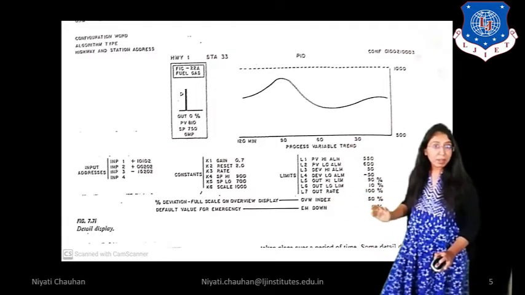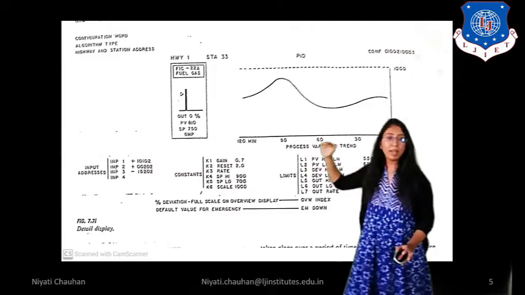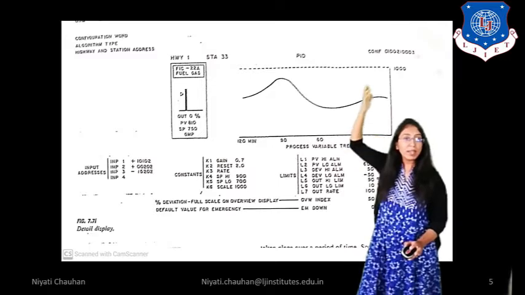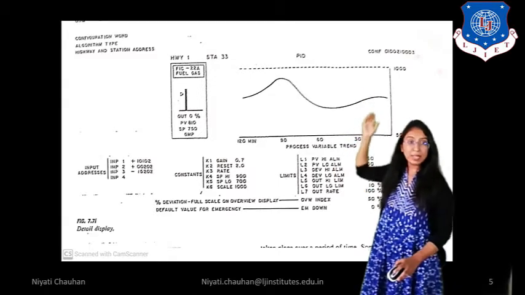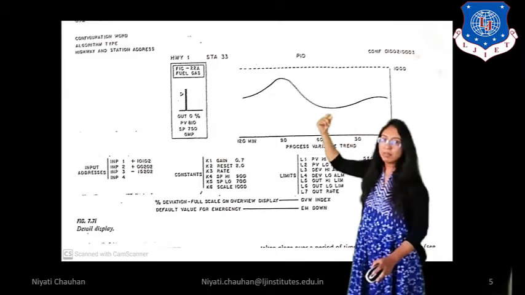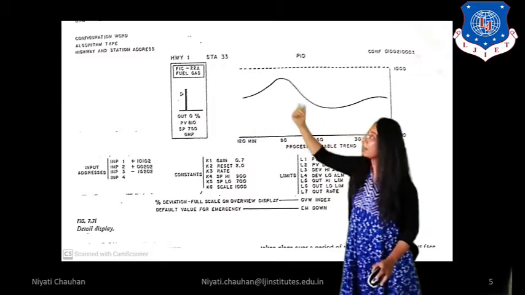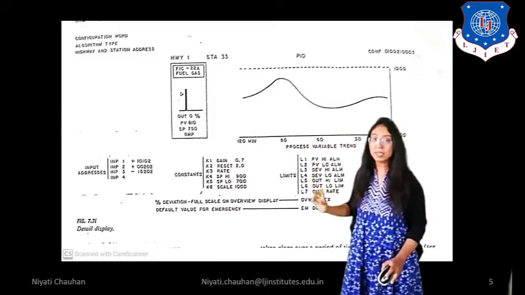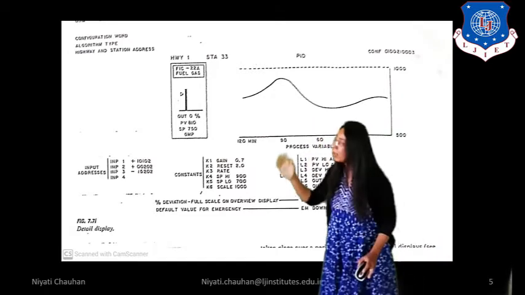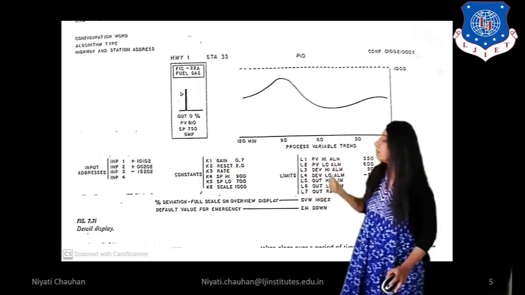Some of the limits are in percentage. In the graph, on the x-axis we take time, and on the y-axis we take limits. So we can see the graph in detail, and that is a PID, proportional integral derivative, graph. So in detailed display, for a particular control loop we can see in detail.